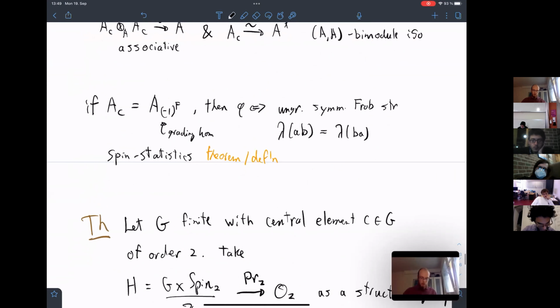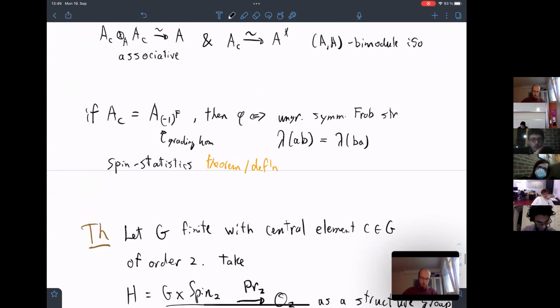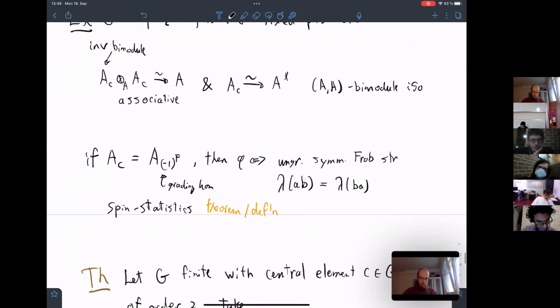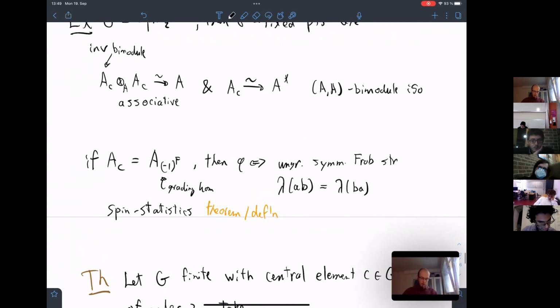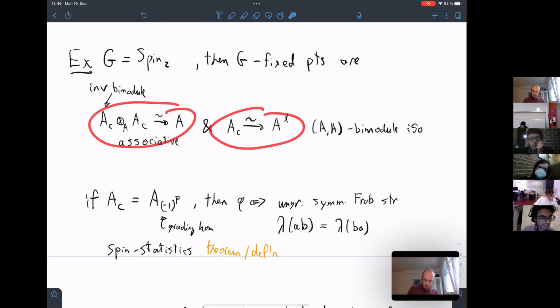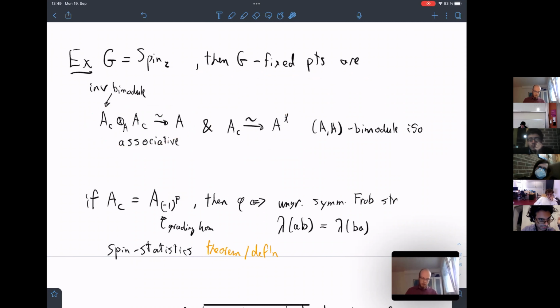So together with Lukas Müller, I compute these kind of things for specific examples. So for example, for G equals spin, so spin structures, then homotopy fixed points consist of bimodule isomorphisms like this, satisfying certain conditions.